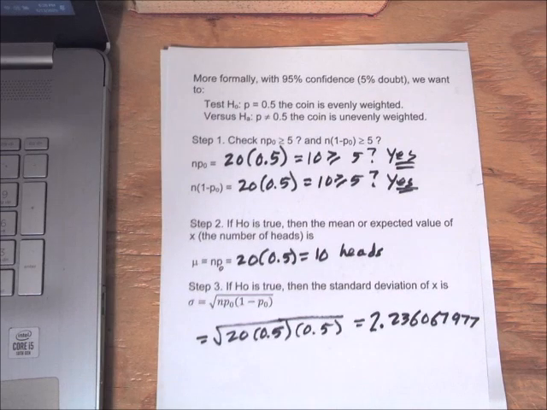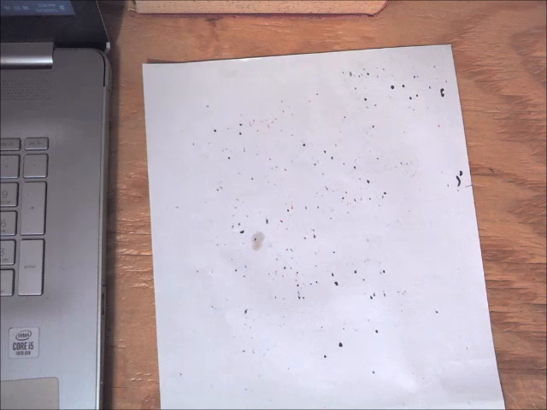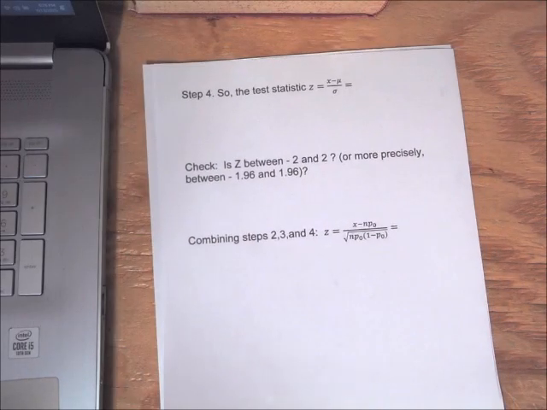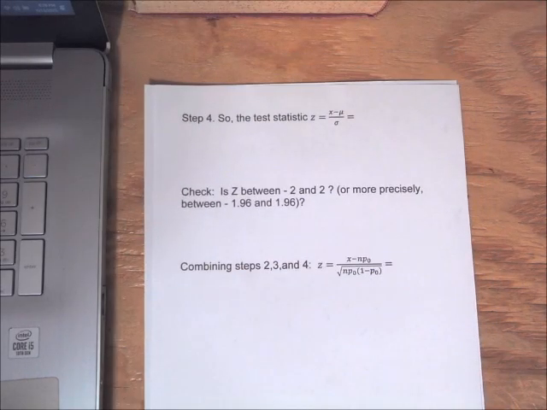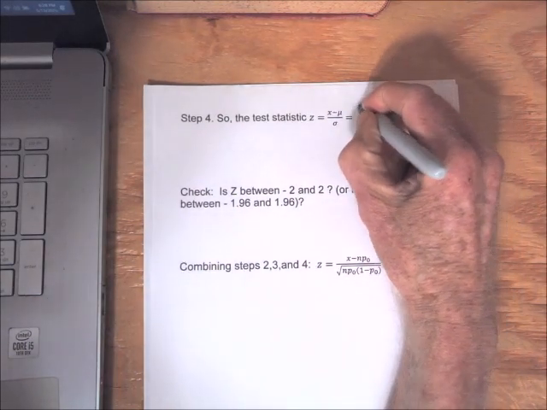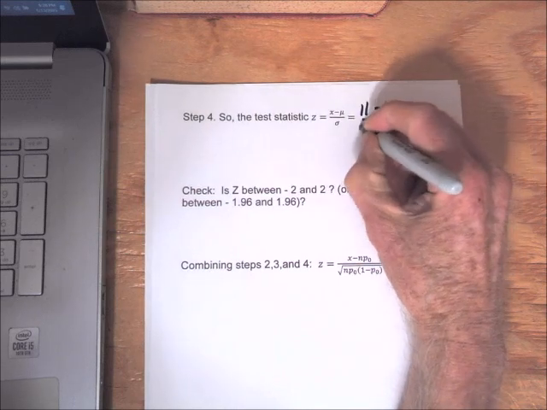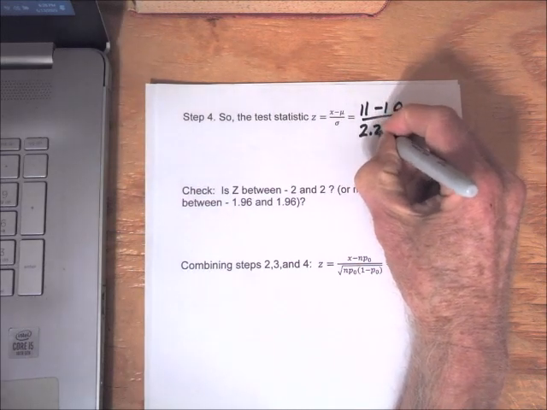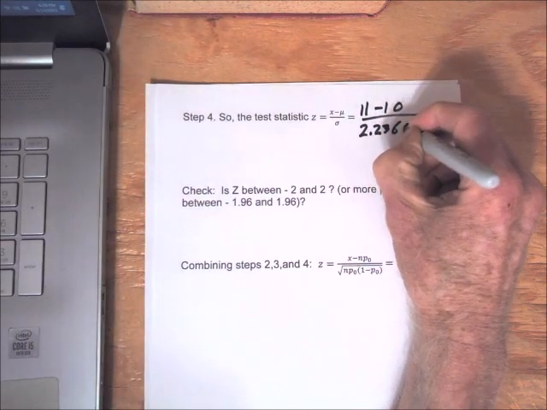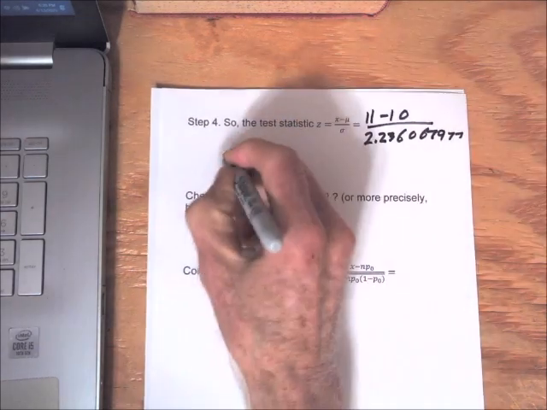Okay, so we can compute the z-score. The same formula that we were using earlier in the semester: score minus the mean divided by the standard deviation. So this is going to be 11 heads minus the mean, which is 10, divided by the standard deviation, 2.236067977.